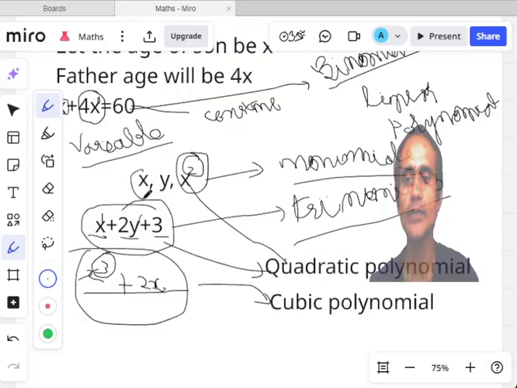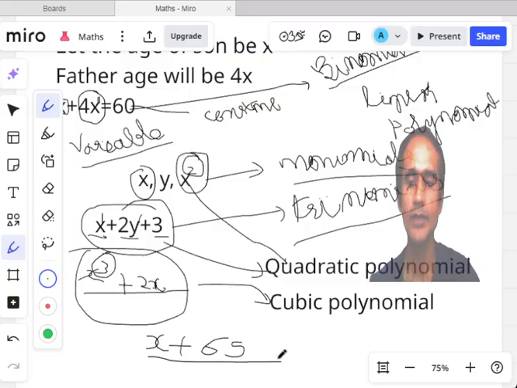Here we have one term and degree is 1, so it is a linear polynomial. This one, like x, here we have two terms, so it is a binomial, but the degree is 1, so it will be known as a linear polynomial.